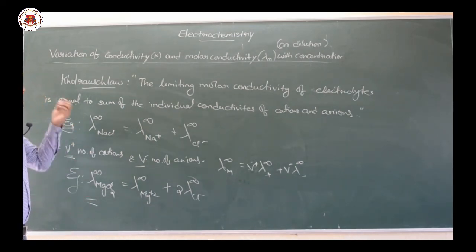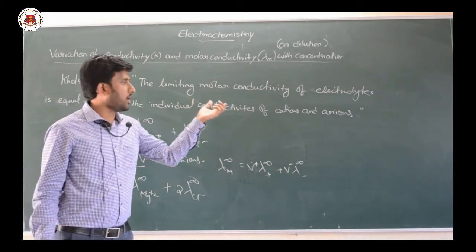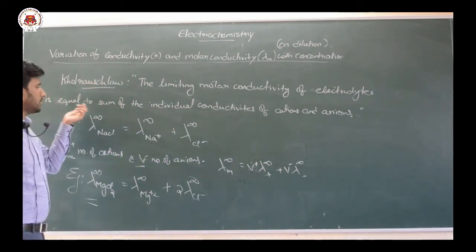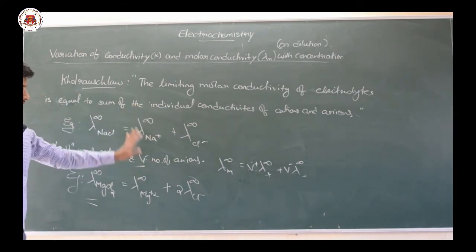So, what is Kohlrausch law? The limiting molar conductivity of an electrolyte is equal to the sum of the individual conductivities of the cations and anions.